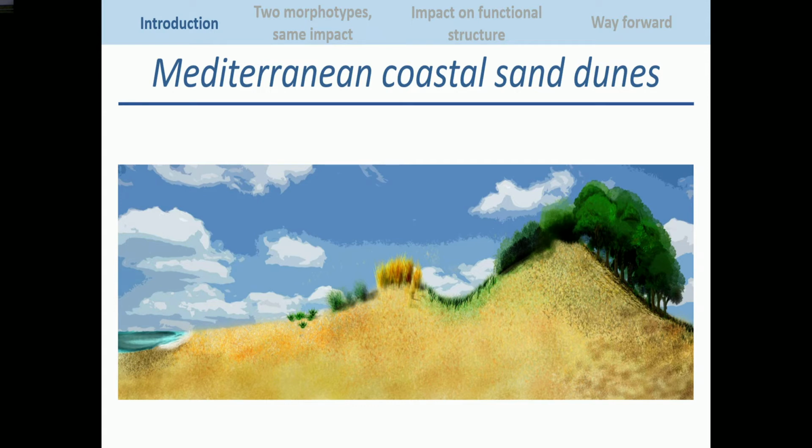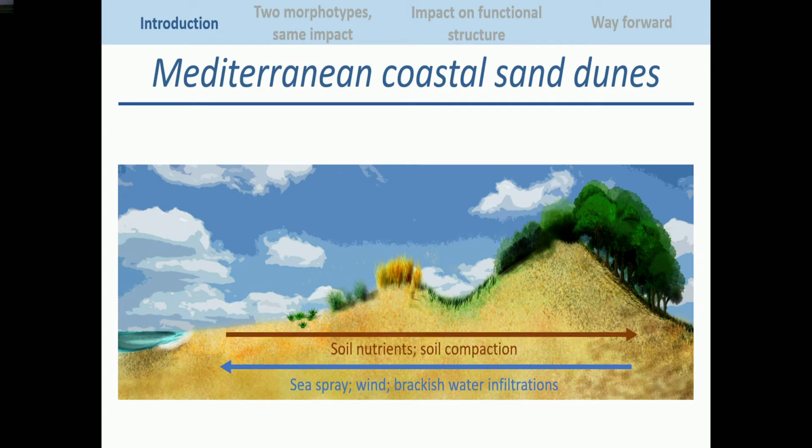And I'm talking about communities in plural because, as I said, this really steep gradient of environmental conditions such as sea spray, wind, infiltration of salty water, and soil conditions creates really different microenvironments, so that different plants with different characteristics assemble different communities along this gradient. So it's what we call a zonation.